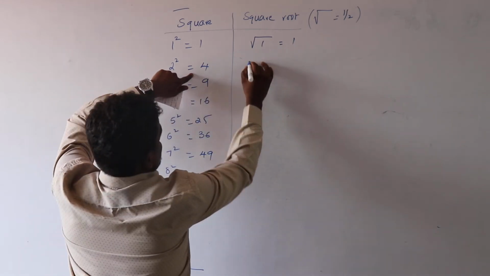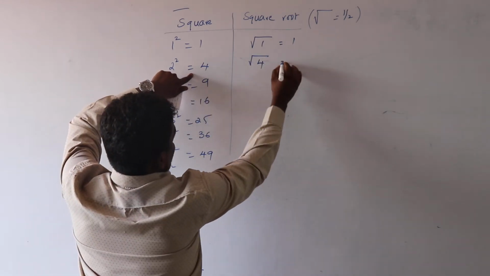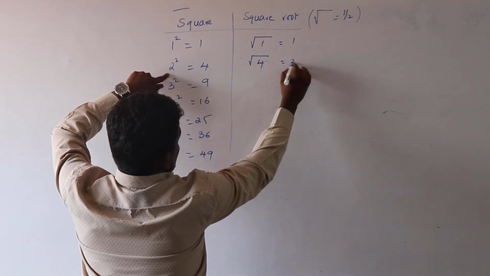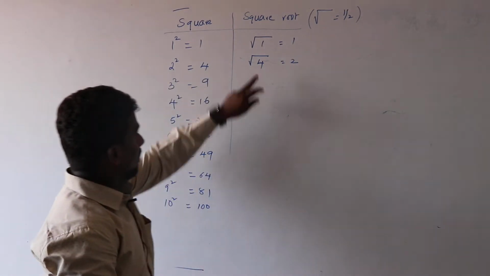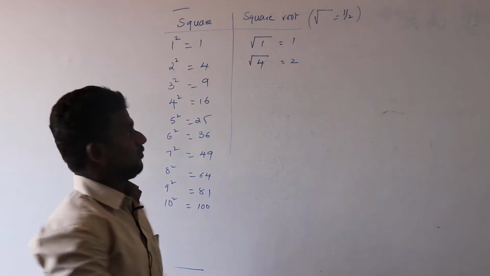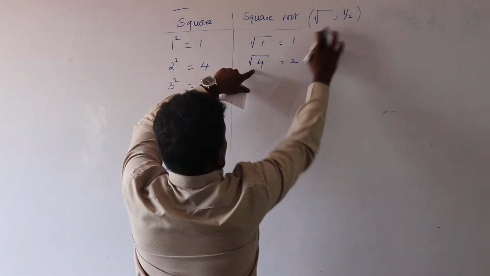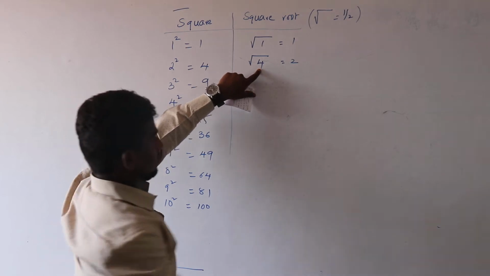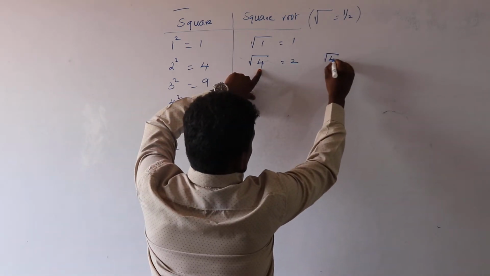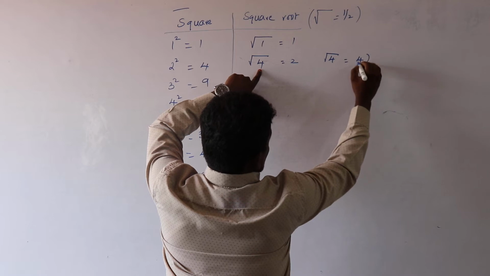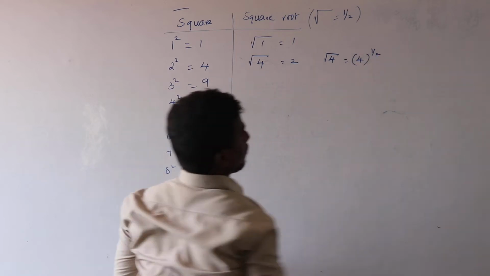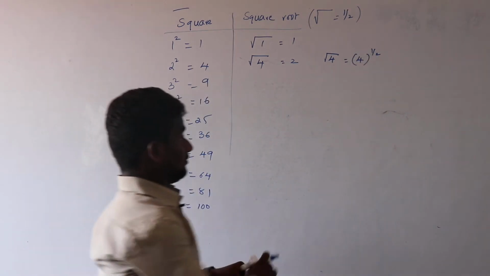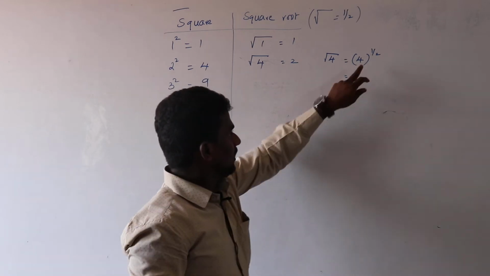Similarly, square root of 4 equals 2. Now how to get this square root of 4? Already I told you the square root value is 1 by 2. So the square root of 4 I will write as 4 power 1 by 2. Now here 4 is there.